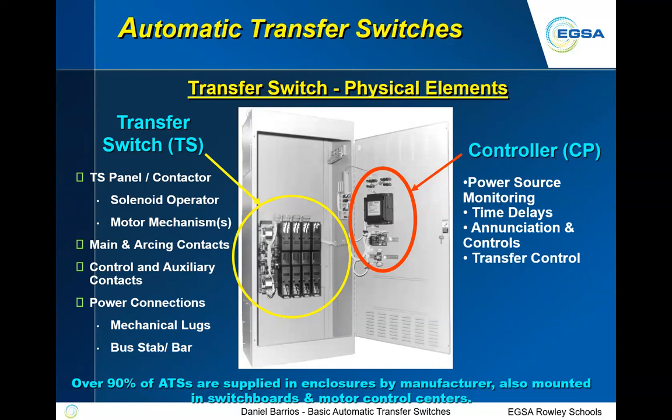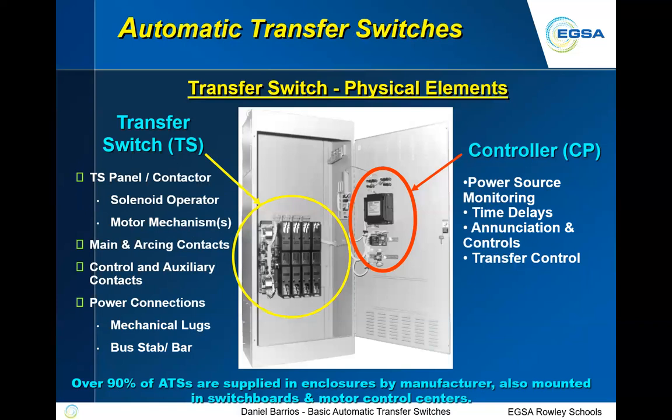Why do I bring this up? The arcing contacts serve that purpose. When you start to move the transfer switch off of a connected, energized load, the first thing that opens is the arcing contacts. That's where that arc is going to strike until it becomes too far apart, just like on the Jacob's ladder, and that arc will dissipate.